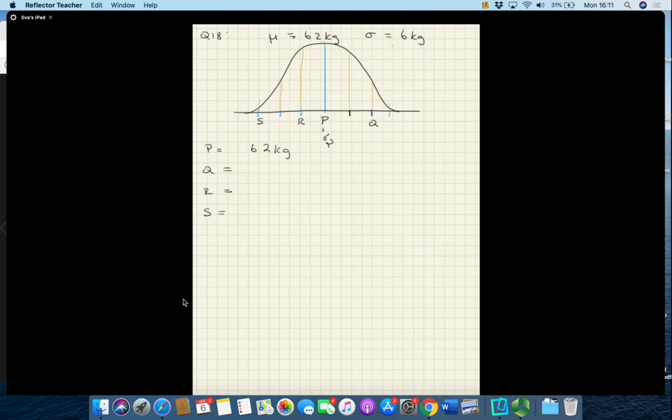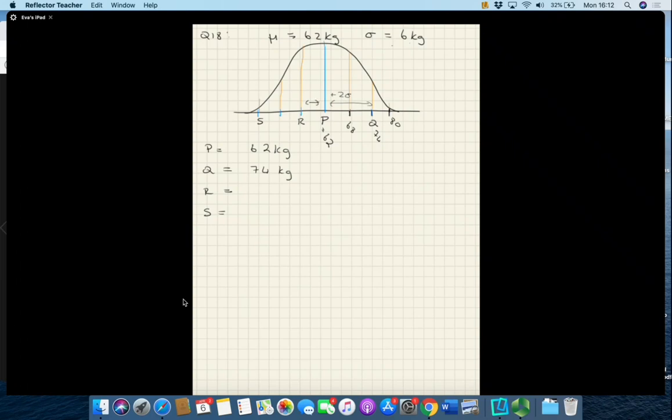So this node here is up 6 from it, so it's 68. Q then is up 6 more, so it's 74. And then this unknown spot here must be 74, up 6 more, it's 80. So Q then is 74 kgs, or it's up 2 standard deviations. So it's up 12, 2 times 6. So add 12 on to 62 and you get 74.